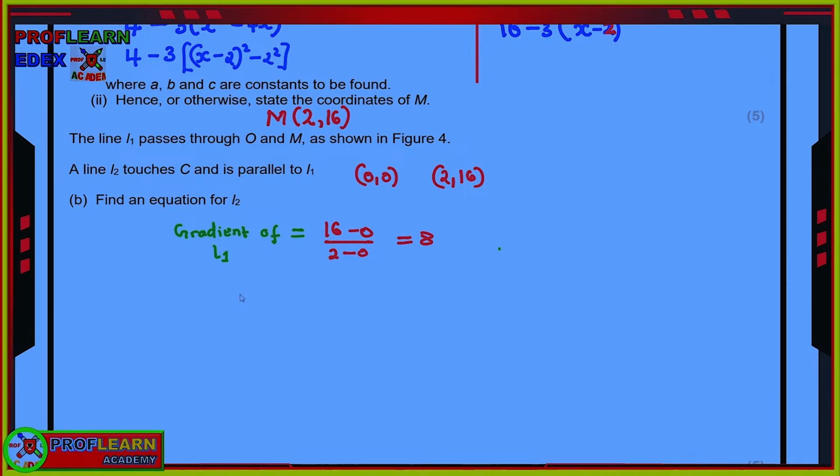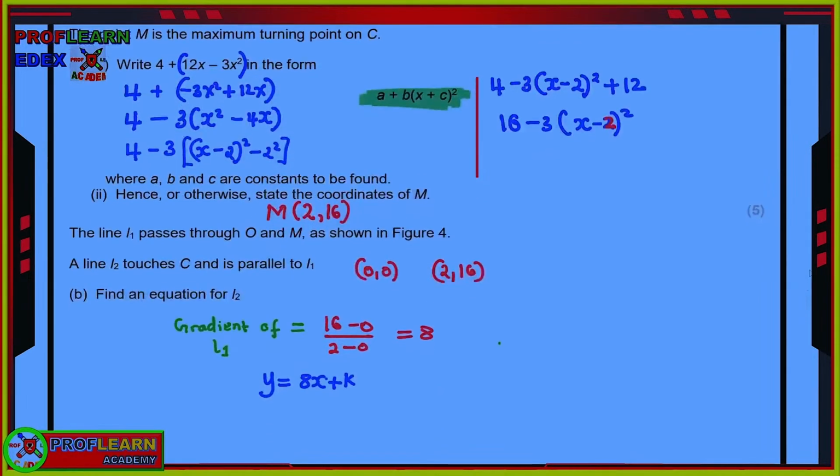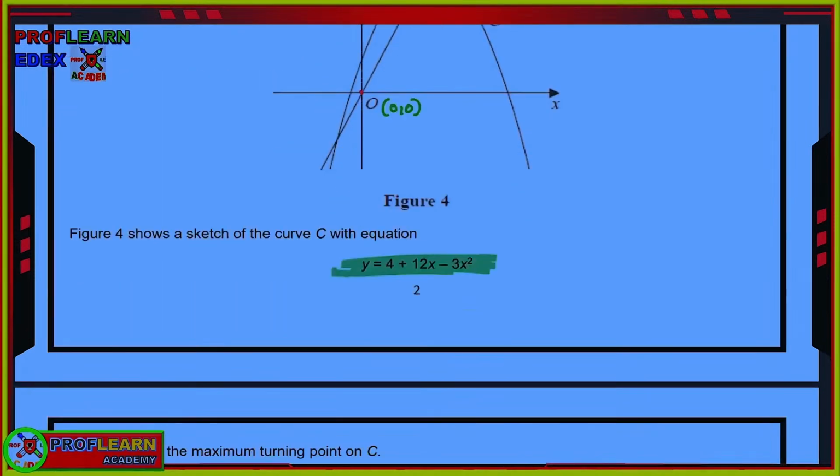So which will mean that we can say this is y equals mx plus c, but we can now use our k, we say just a constant, which we don't know, right? And also we are told that it touches C. If it touches C, it means it's a tangent to C. So if it's touching C, then we can equate this equation y equals 8x plus k to the quadratic equation so that we can solve them simultaneously.